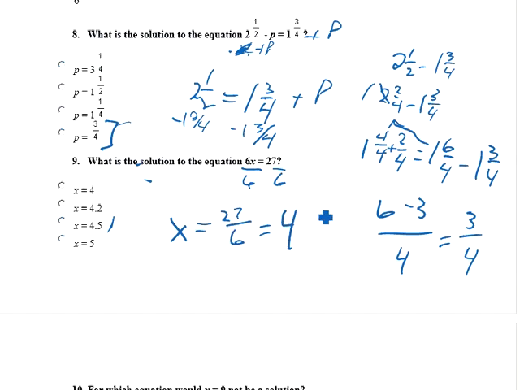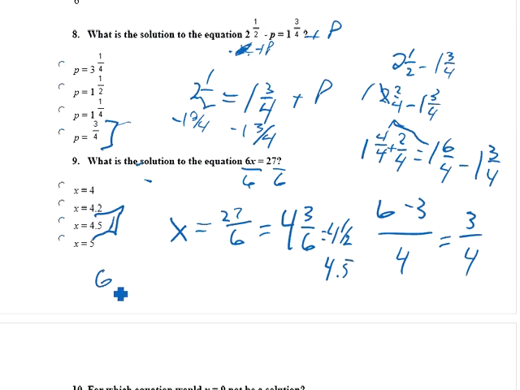And 3 is left over. 4 and 3/6. That's my answer. I don't see 4 and 3/6 over there. In fact, they have a decimal answer. But I know 3 over 6 is the same as 1/2. 4 and 1/2. And I know a half is the same as 0.5. So there's my answer. x is 4.5.